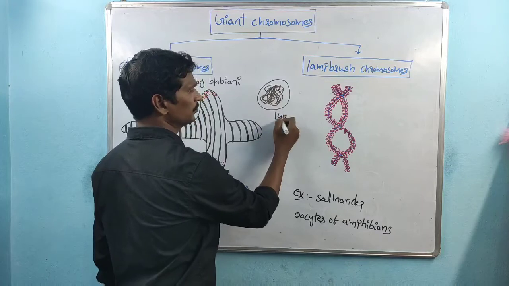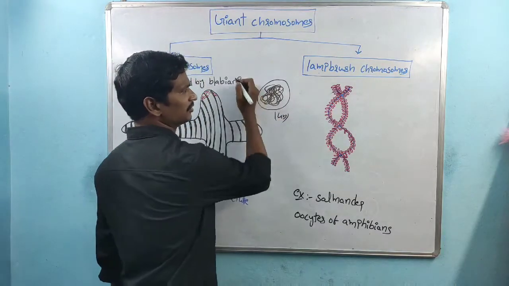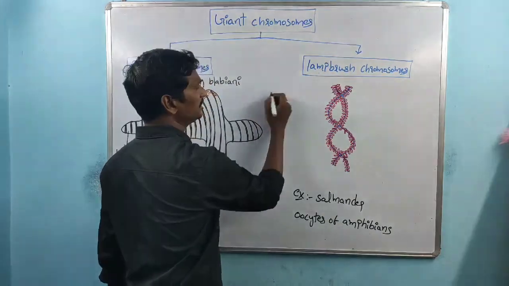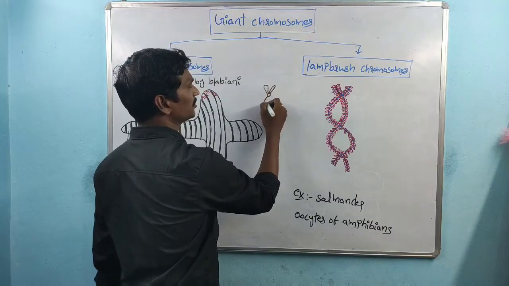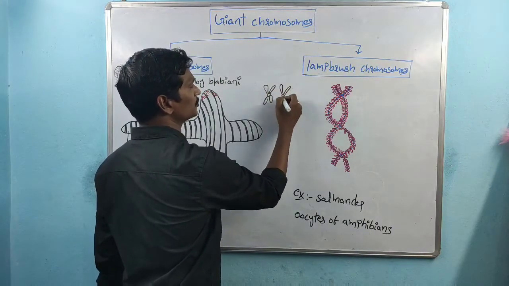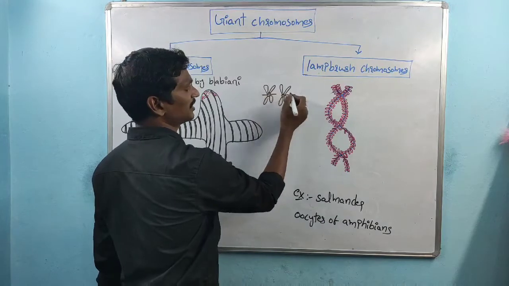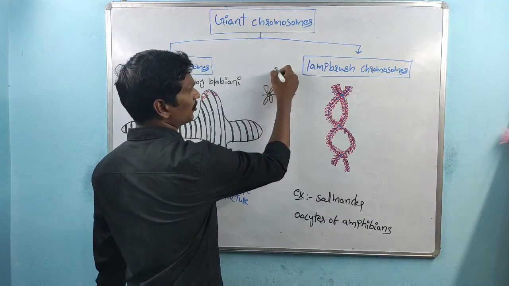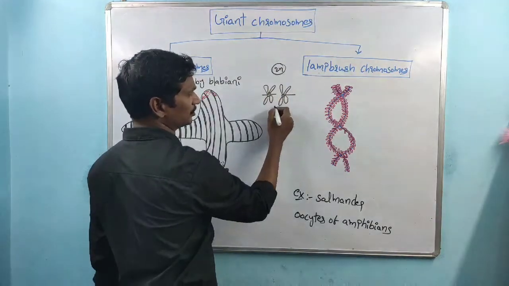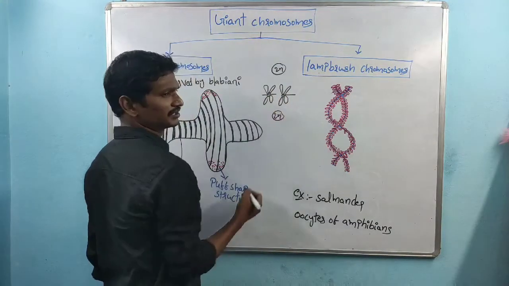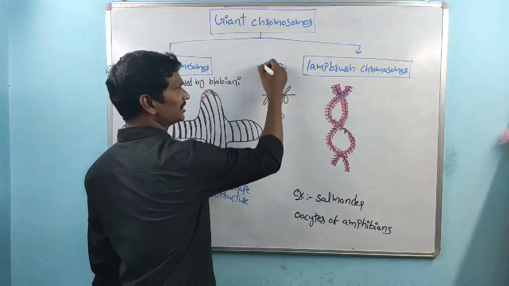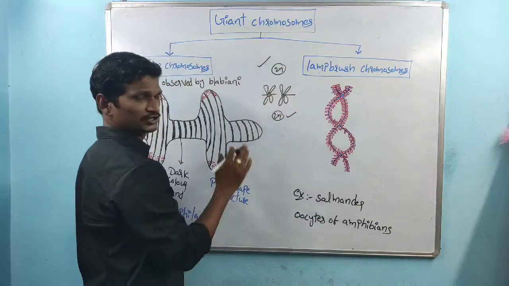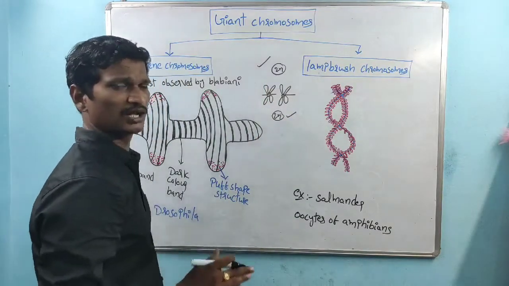That 4n state forms the chromosomes, and these chromosomes are divided, towards one pole a 2n set, towards the other pole another 2n set. So two daughter cells again have 2n and 2n. This is the normal case.